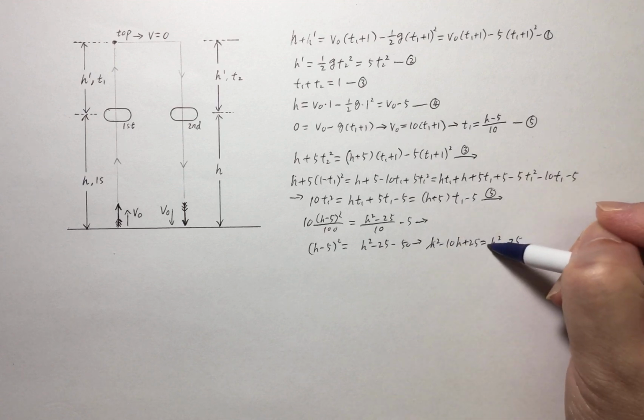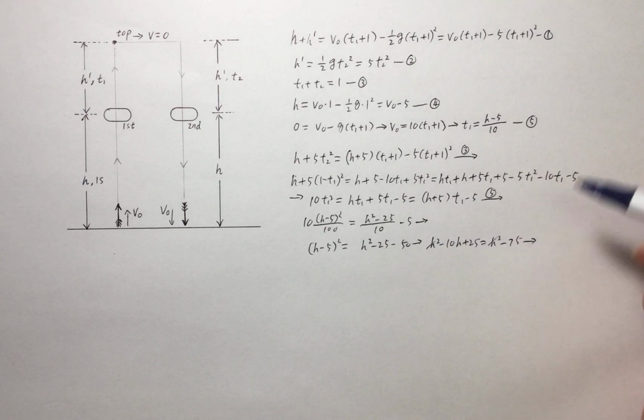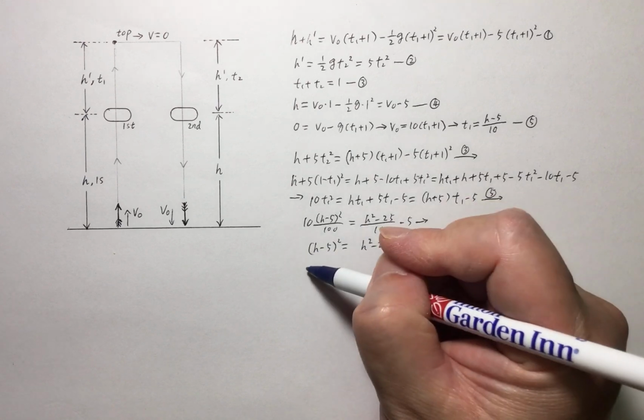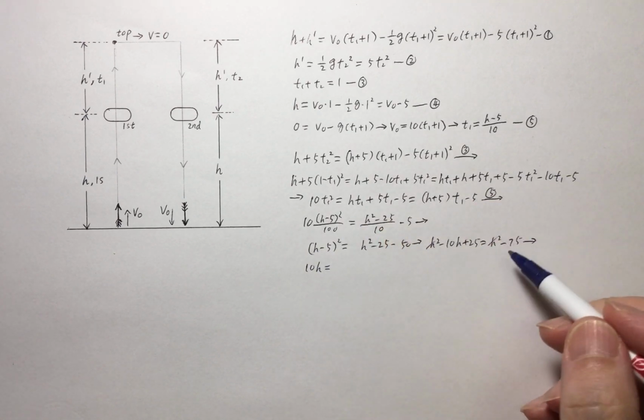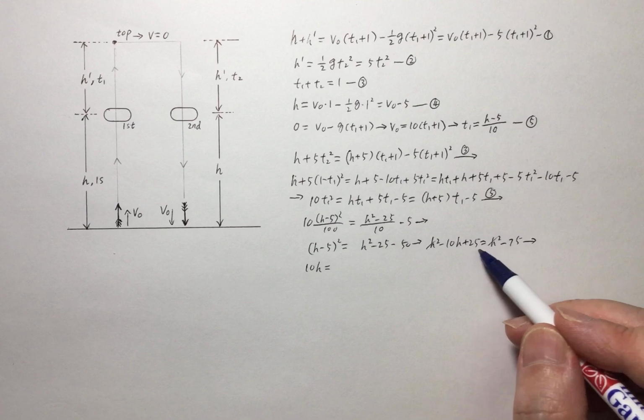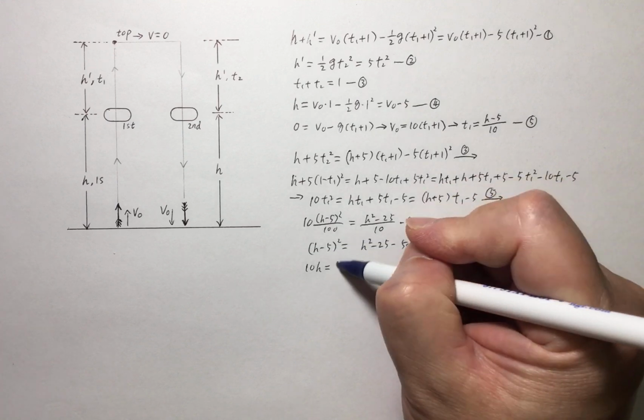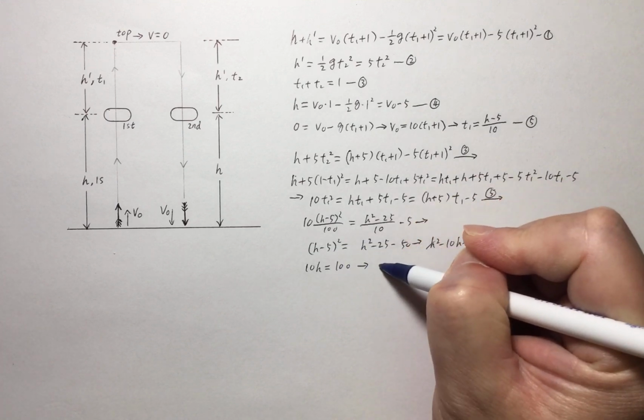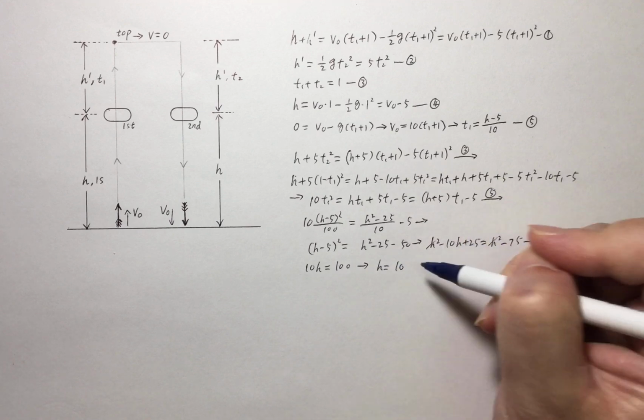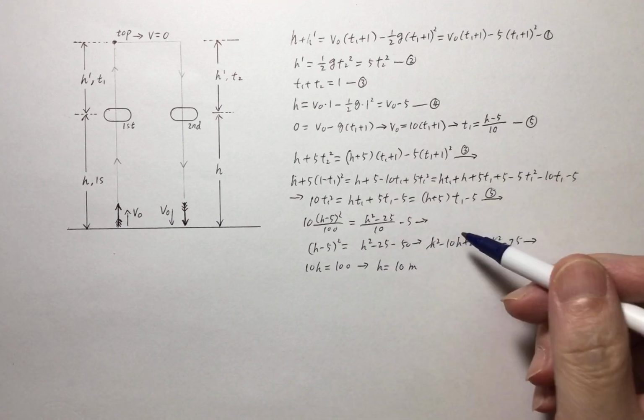So remove h squared here. Then we get 10h is 100, so we get h is 10, and the unit is meter because we use SI unit all the way.